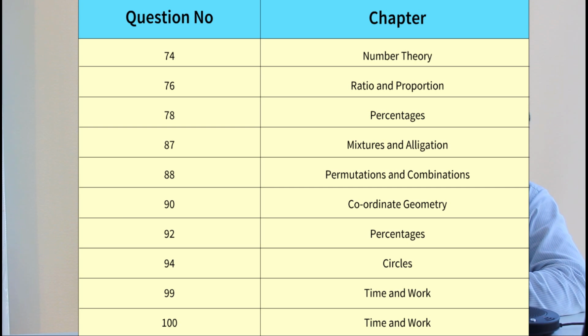In a span of 8 questions, you have 5 reasonably easy questions. So this entire span would have got you a lot of marks. What were these areas? You had mixtures and alligations, PNC, coordinate geometry, percentages and circles. So again, a lot of arithmetic and geometry, which would have got you these marks.